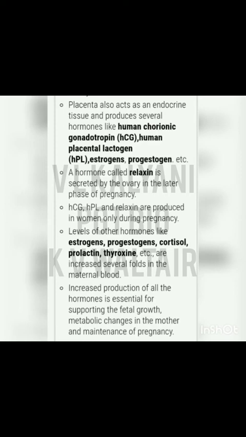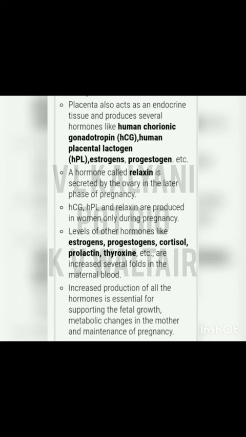You have learnt these even in 11th class about the endocrine system, children. As the pregnancy proceeds, the ovary also will secrete a new hormone called relaxin. So these are all the hormones which are produced during pregnancy.